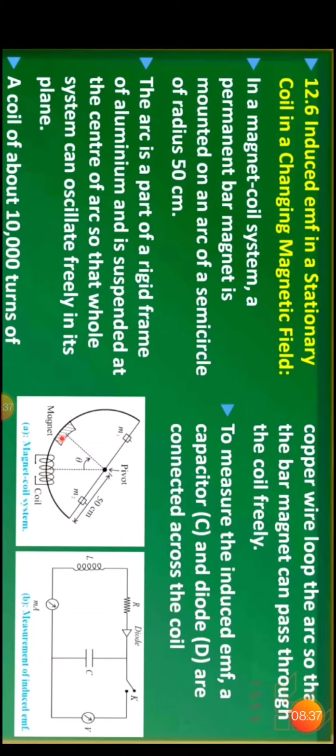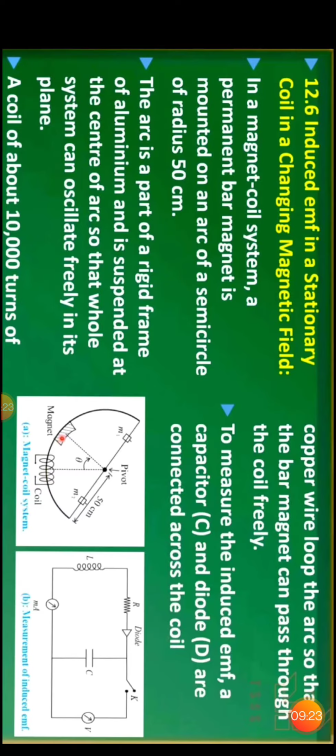Next topic, induced EMF in a stationary coil due to a change in magnetic field. In a magnet-coil system, a permanent bar magnet is mounted on an arc of a semicircle of radius 50 cm, as denoted in figure A. The arc is a part of a rigid frame of aluminum and is suspended at the center of the arc so that the whole system can oscillate freely in its plane.